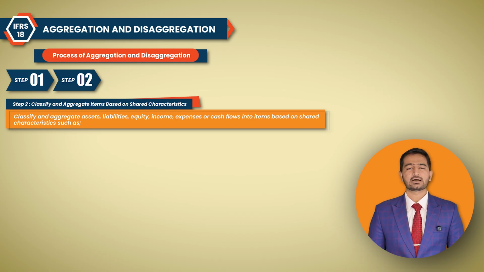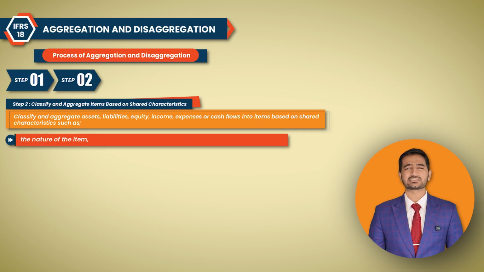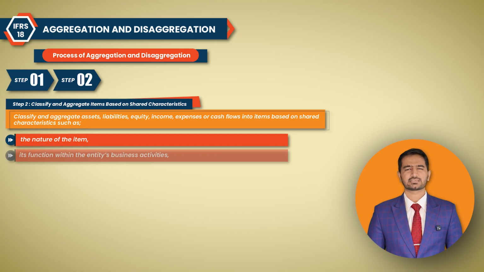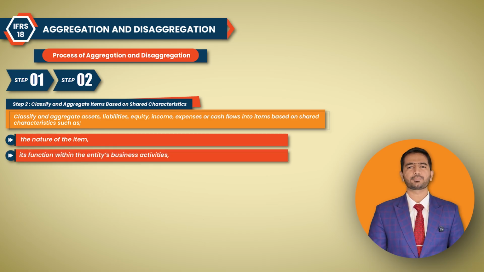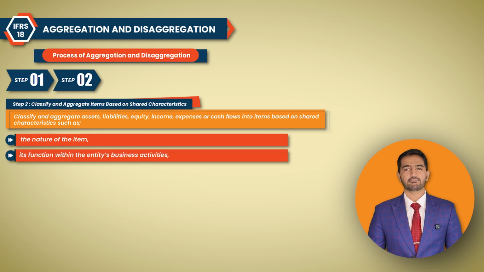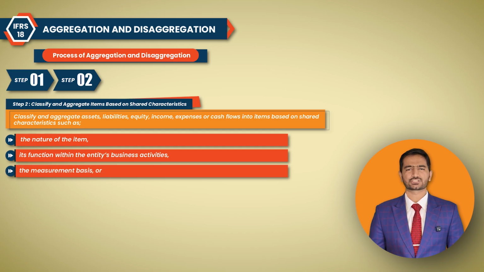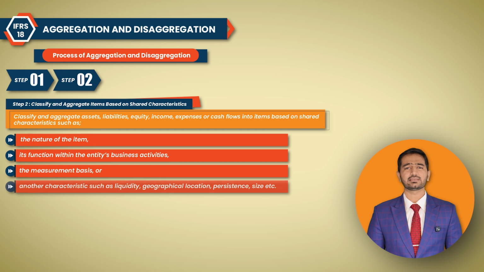For example, items can be grouped based on nature, like receivables, payables, expenses; functions, such as operating or non-operating activities; measurement basis, like historical cost versus fair value; size or materiality, for example grouping immaterial items; geographical location, like US sales or Europe sales.